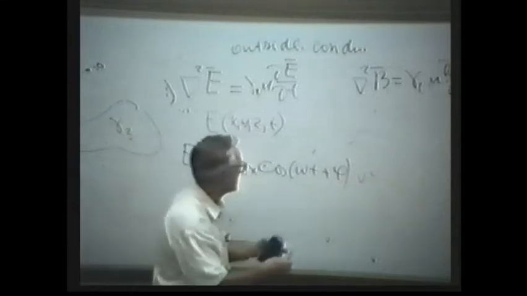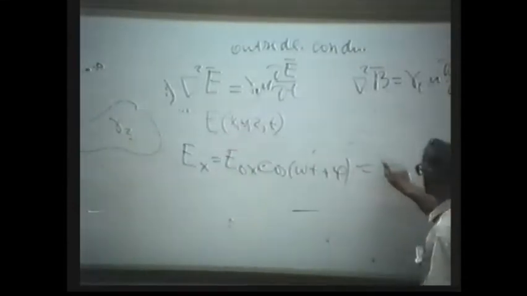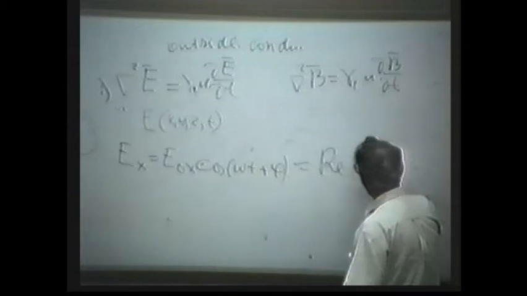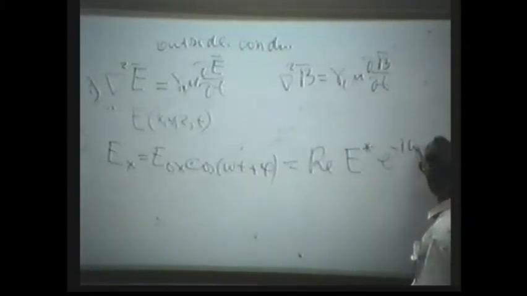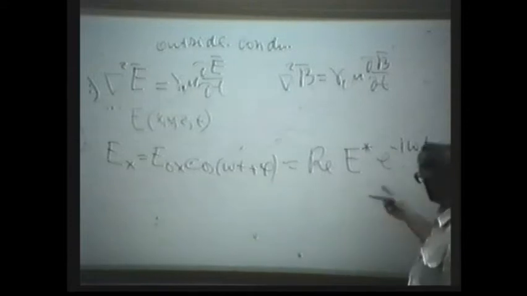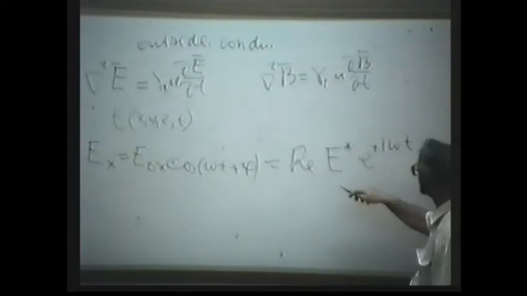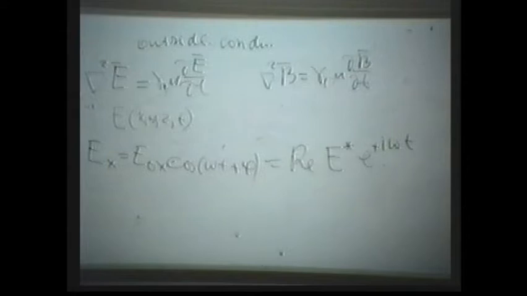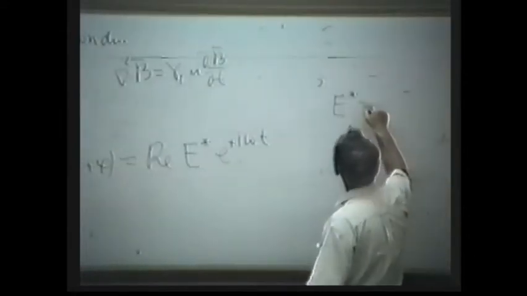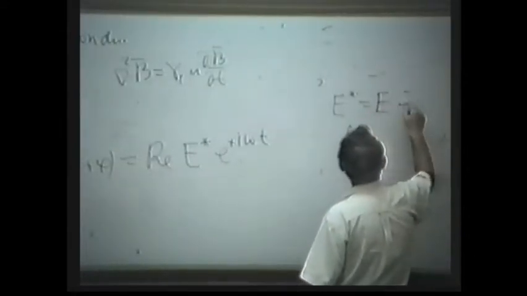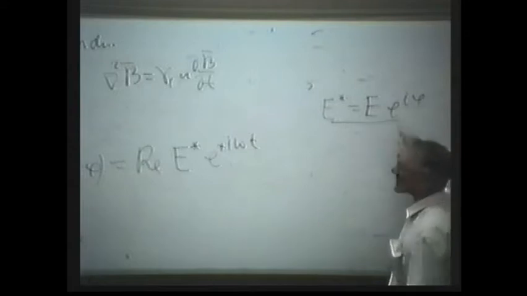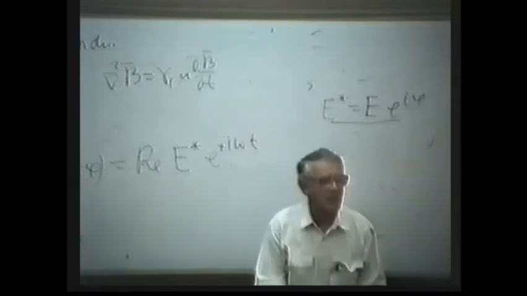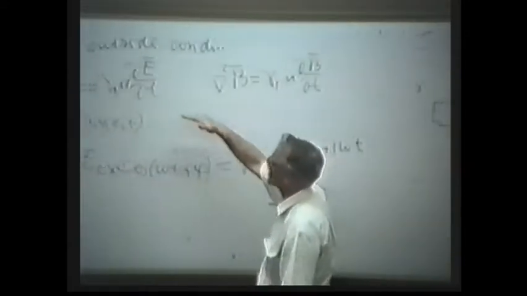I demonstrated it. It can be presented as the real part of a complex amplitude times e to the minus i or plus i omega t. We did it already. Let us write plus. We wrote plus. Where A star is equal to amplitude times a multiplier which shows phase.